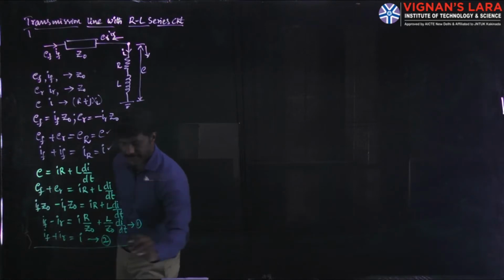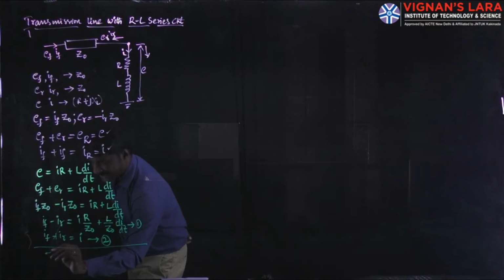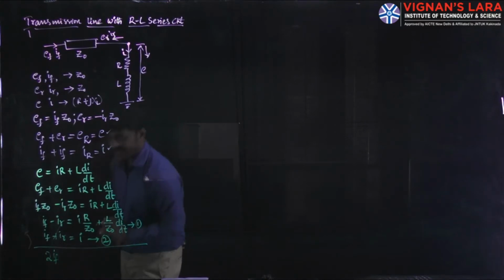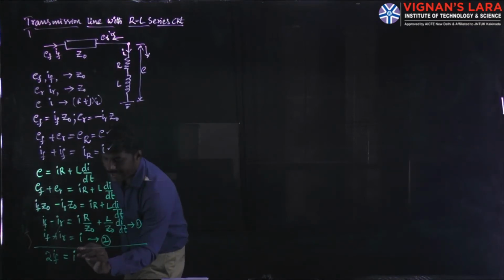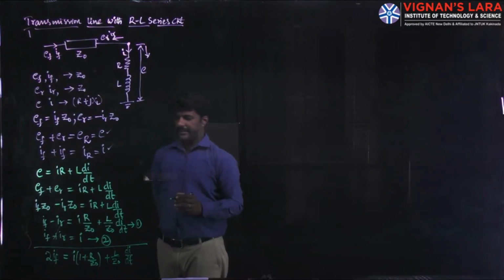On adding these two equations 1 and 2, IR gets cancelled, it becomes 2IF, which is equal to I of 1 plus R by Z0 plus L by Z0 di by dt.